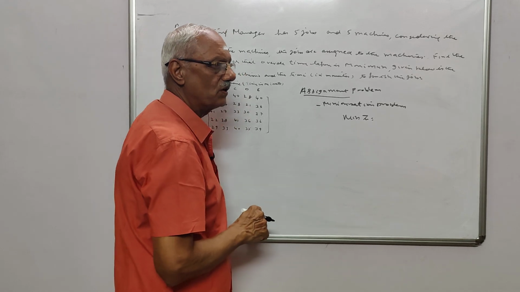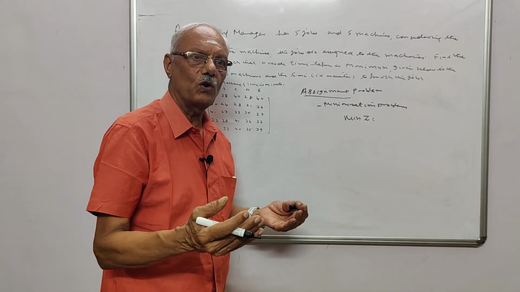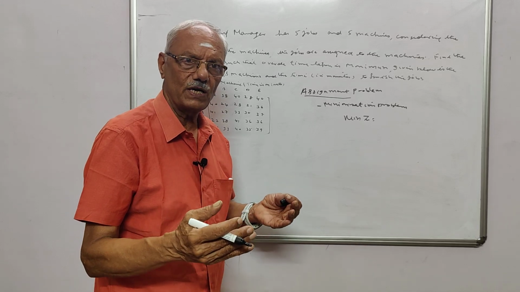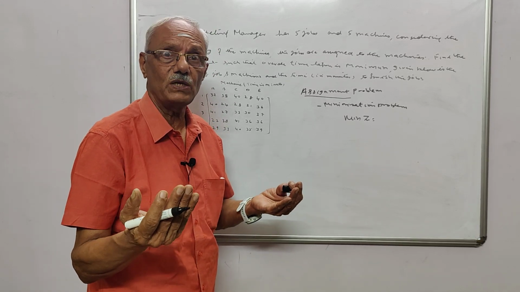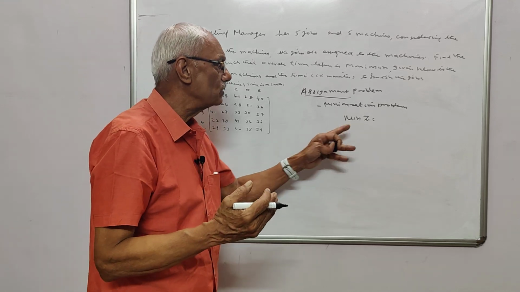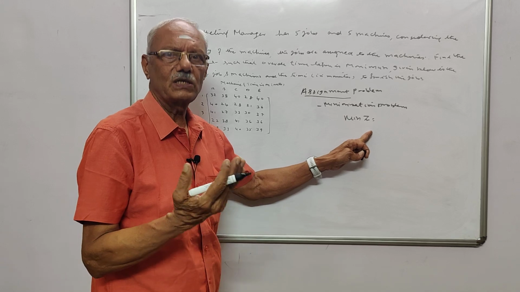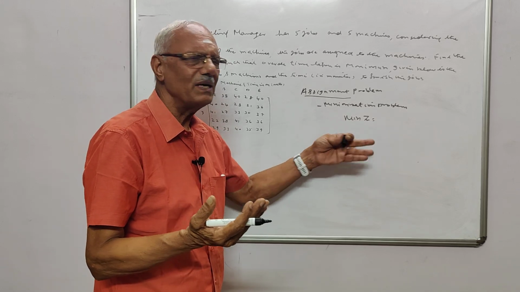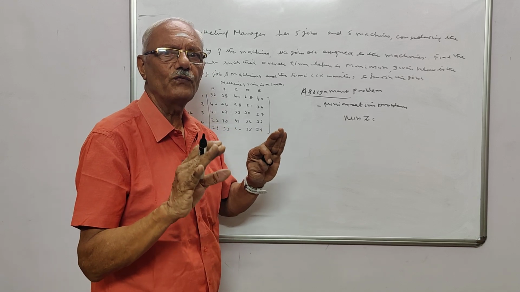Z is the objective function in the sense that it may be referring to cost, or to time, or even to profits and income. So depending, if it is minimum, it is definitely a cost or the time. If it is maximum, we can take that, but normally we take only minimization of z.